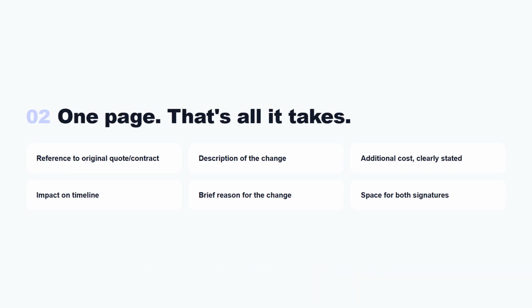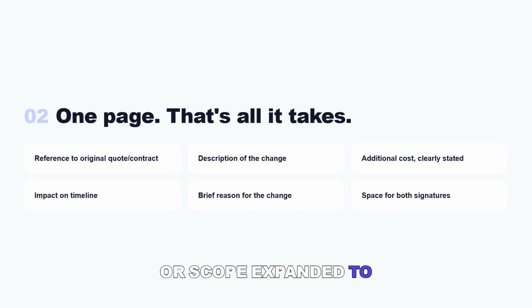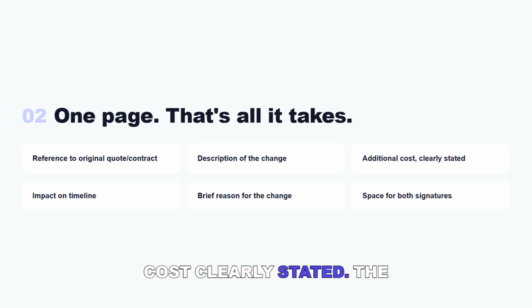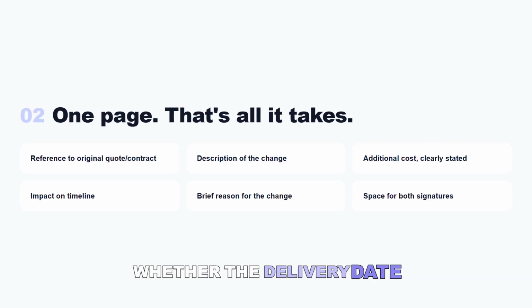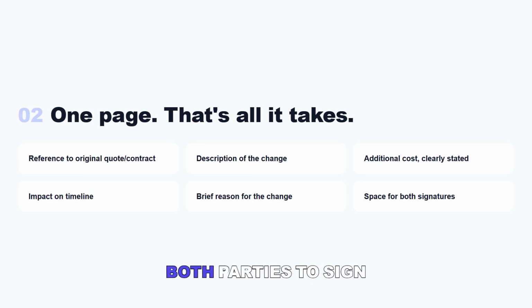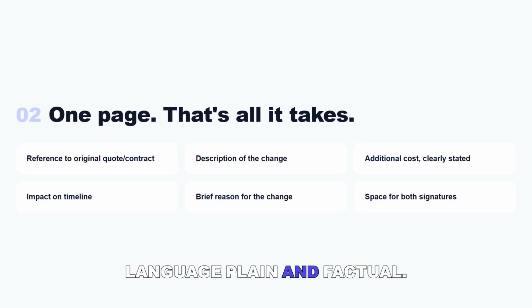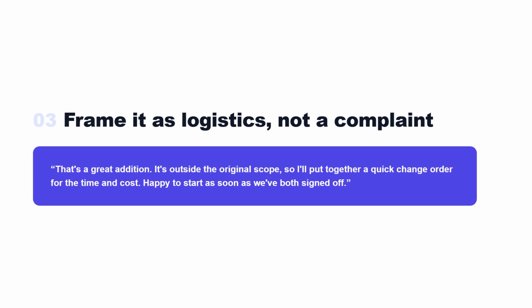A brief reason, something like the client requested addition of X or scope expanded to include Y. The additional cost, clearly stated. The impact on the timeline, whether the delivery date moves and by how much. And space for both parties to sign and date. Keep the language plain and factual. A change order isn't a negotiation, it's a record of what's been agreed.